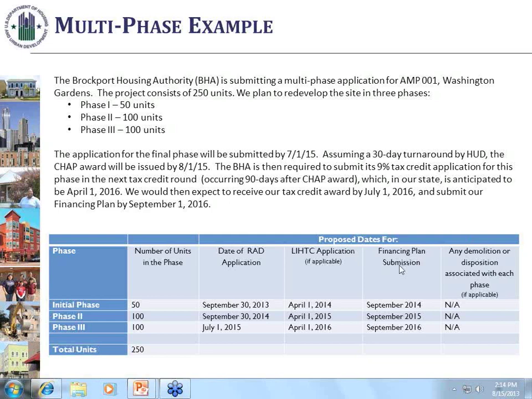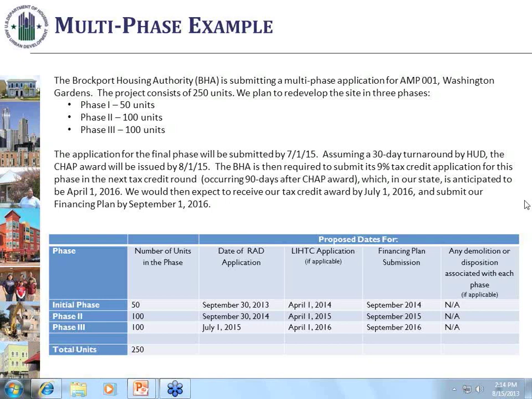I'm just going to think and talk at the same time, so bear with me. I may amend it once my words get out of my mouth. Sure. So one of the challenges we have under RAD is that it's also a preservation program.